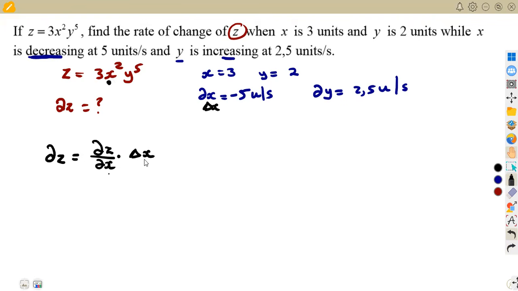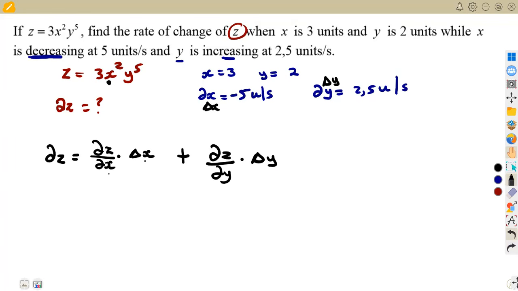If this is X, this must be the change in X. You move on to another variable still on Z. Z is going to be affected by Y also. So it's going to be plus the derivative of Z with respect to Y times the change that happens with Y, because Y is changing. So it's going to be times the change of Y. That's how you formulate the formula.